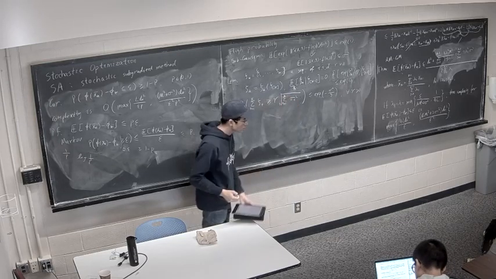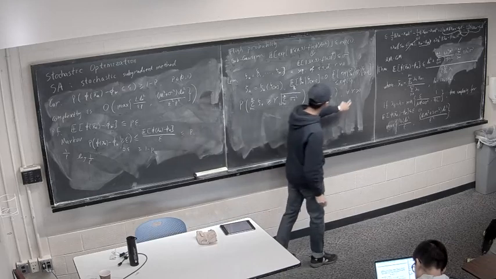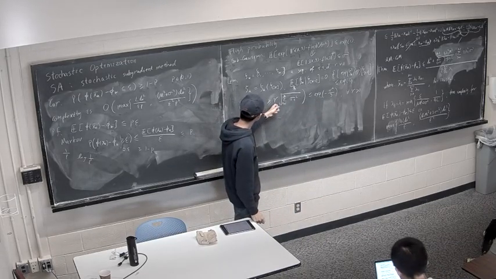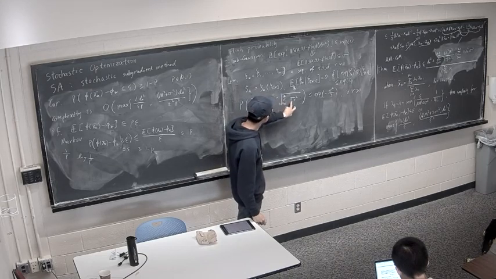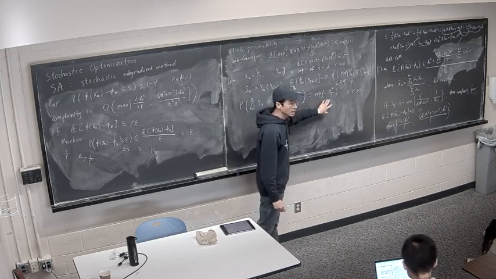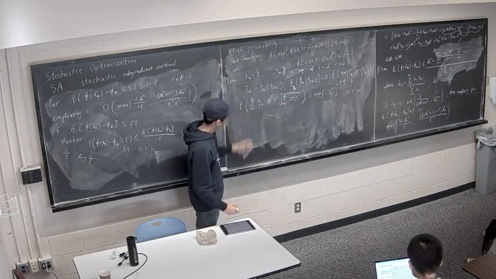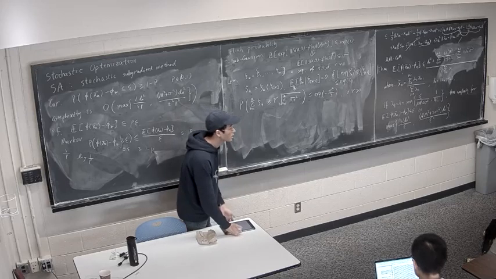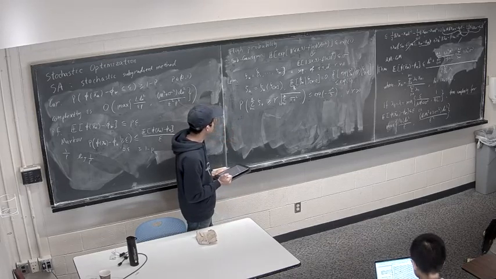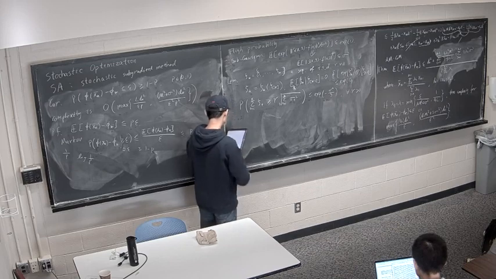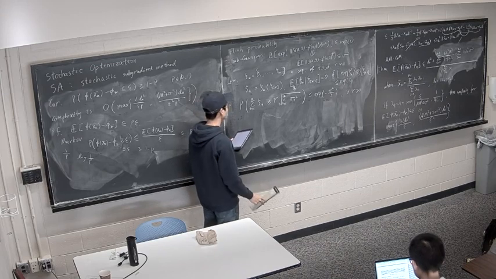For any given negative scalar gamma, the probability that the summation of zeta i is greater than or equal to gamma times the square root of the summation of sigma i squared is upper bounded by this constant. This is proved by Chernoff bound, another concentration inequality. I will skip this technical proof, and let's see the final result for the high probability bound.